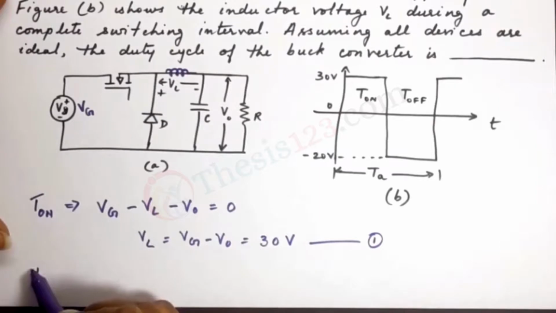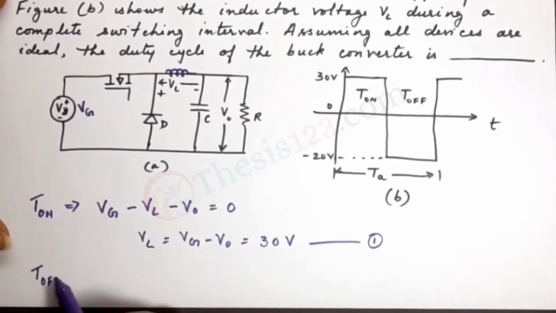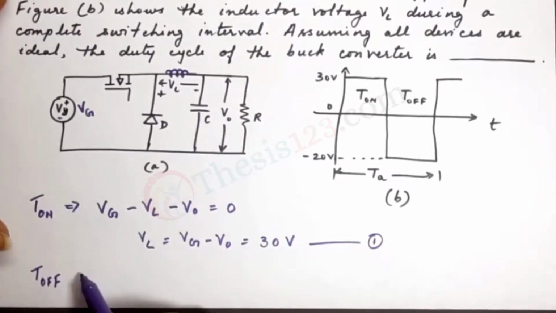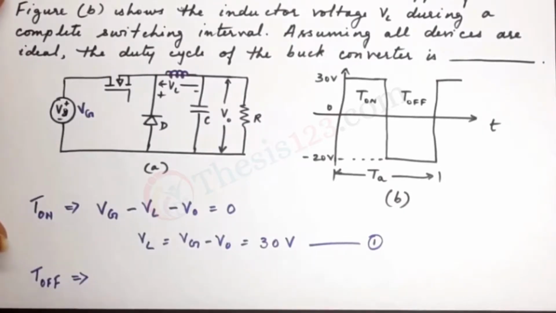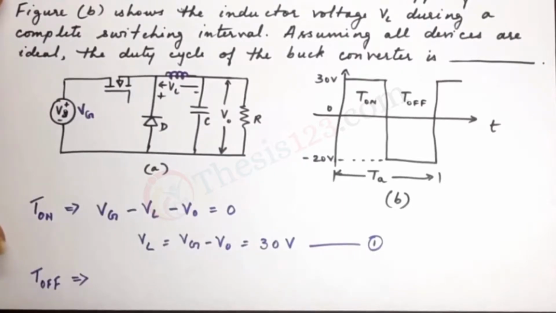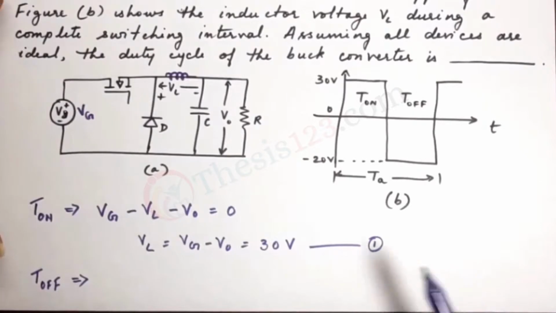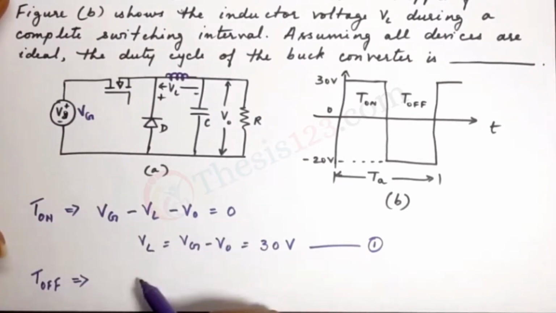Now the second equation is during the period of T off. Now during T off, what is off? That is what you'll have to just think. In simple terms, the source is off. So VG is 0, and we use the same equation here.